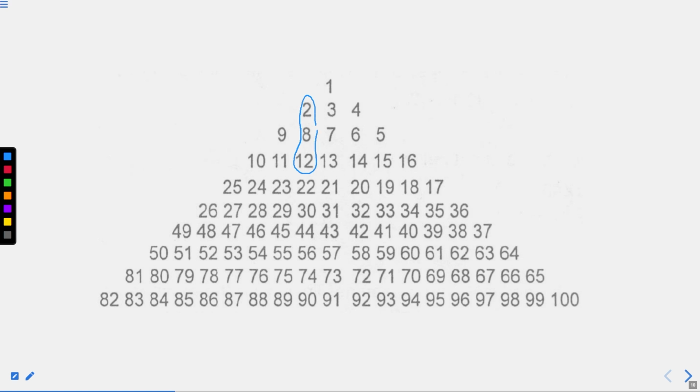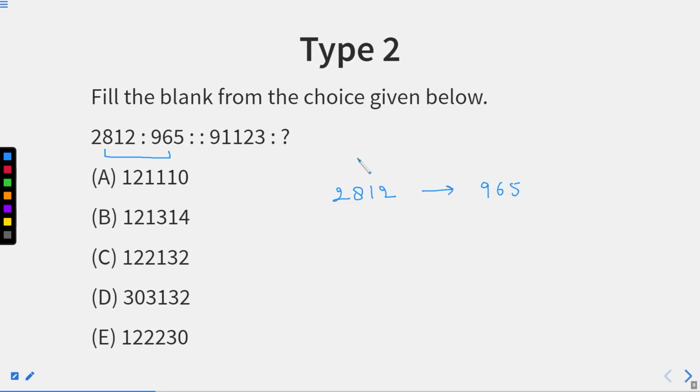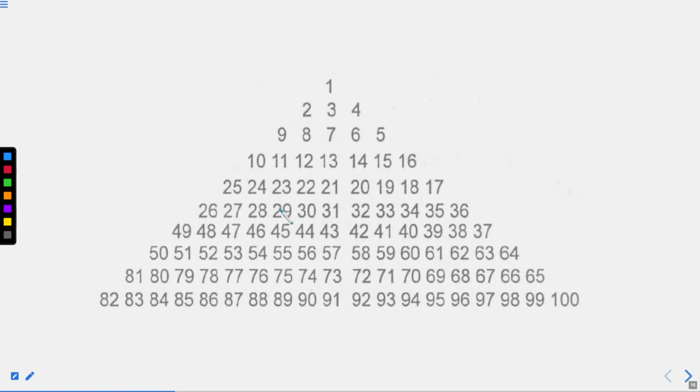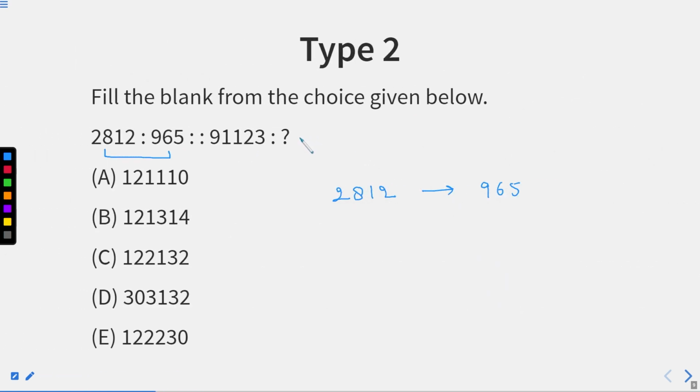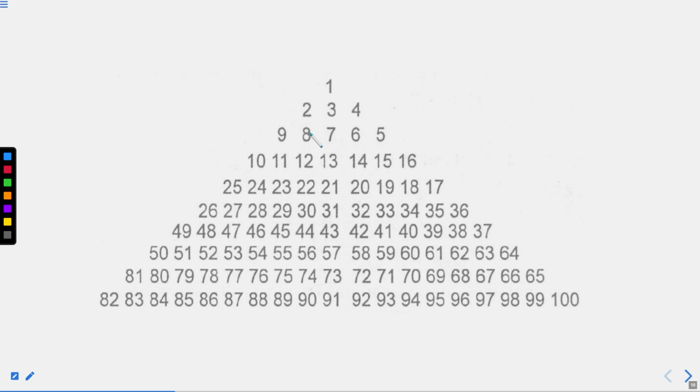This is converted into which of the following numbers? That is 965. These are the two numbers that we have, 2812 and 965.